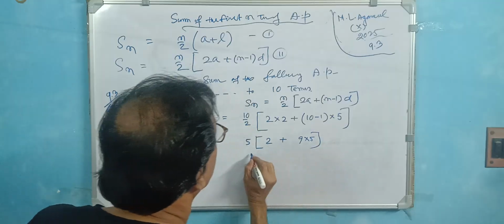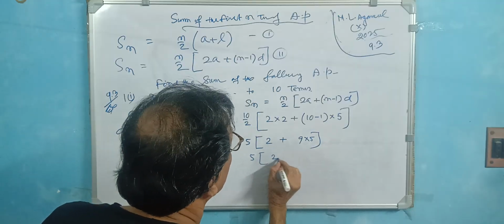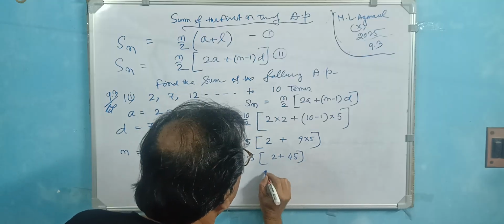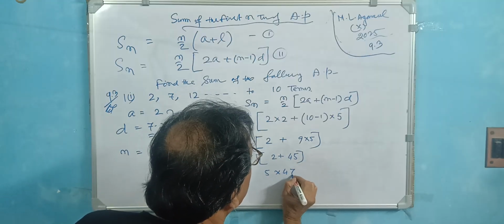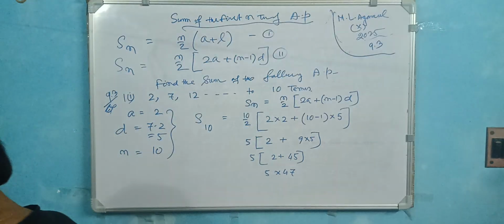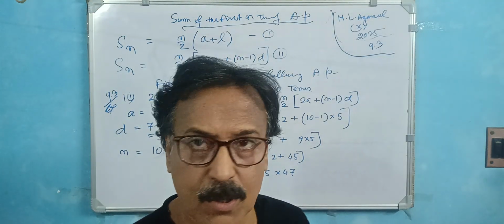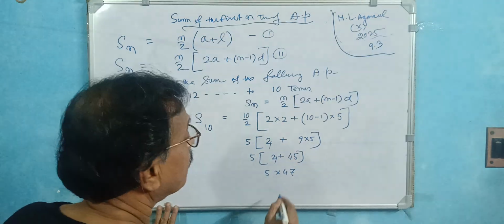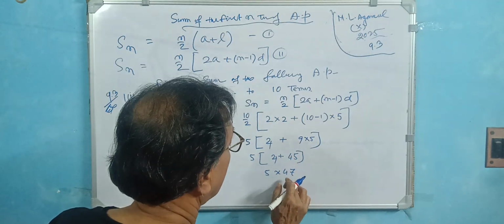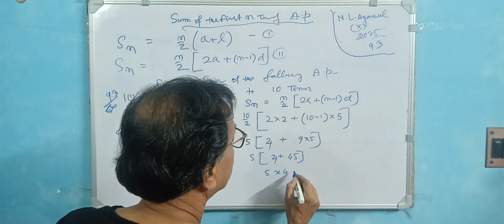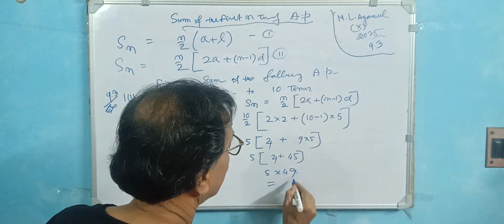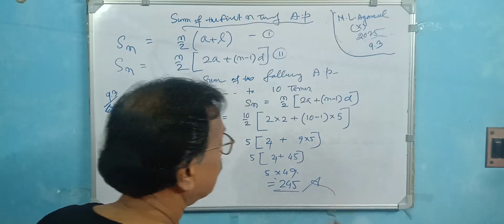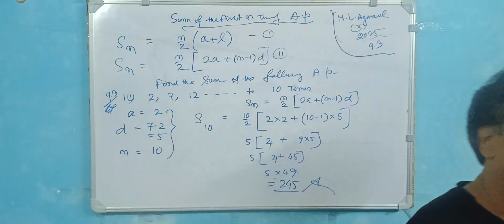So this is 5 bracket 4 plus 45. So 5 into 49, the answer is 245.